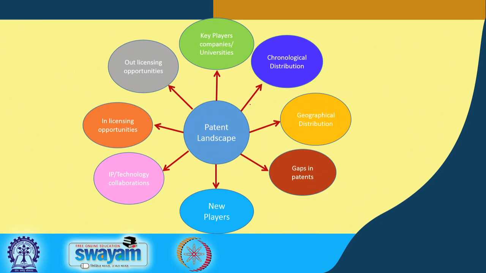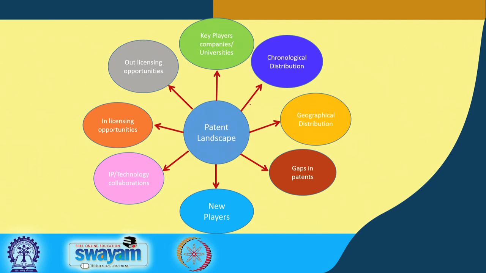This figure sums up the entire aspects of patent landscapes and their relevance to the reasons for why patent landscape searches are done, from understanding just the distribution of data, looking at who are the players in the market, what are the kind of technology collaborations that are available, what type of licensing information and opportunity is available.